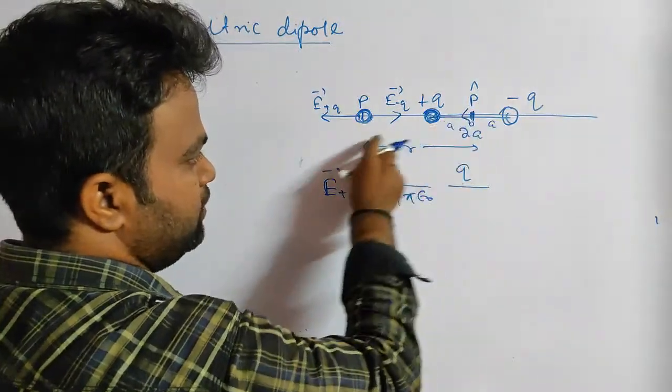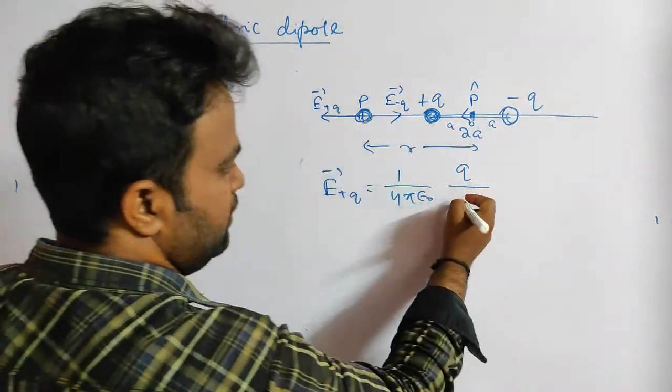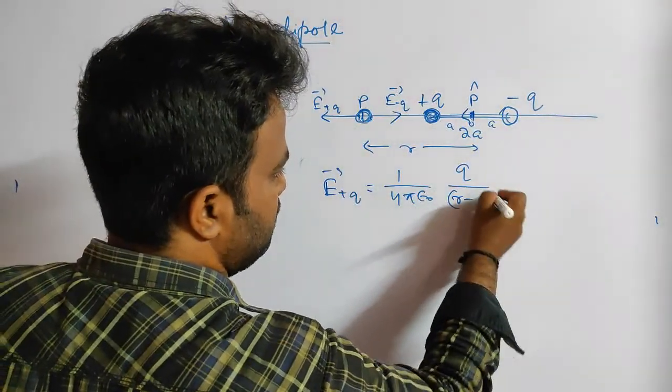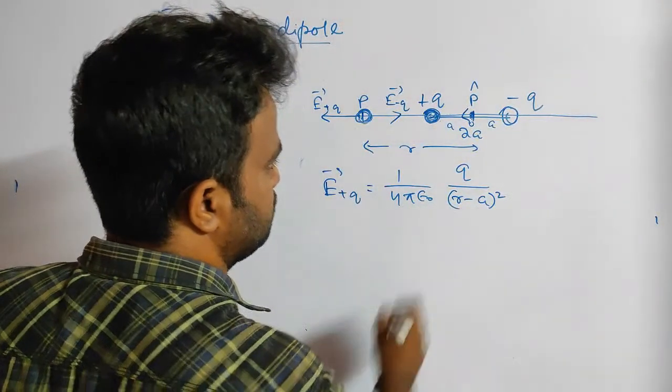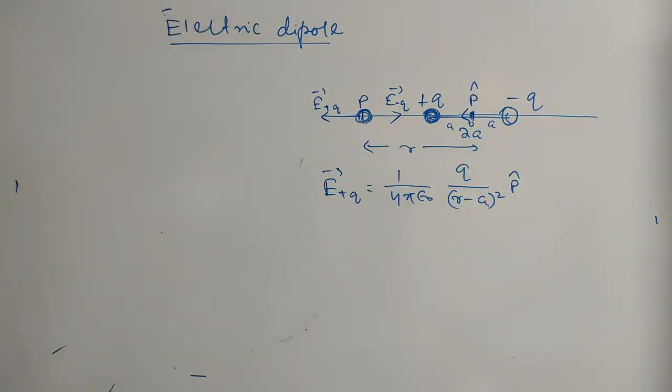The total from here to here is r, this is a, so from here to here it will be r minus a whole square, and of course the direction is in the direction of p cap, the direction of the dipole. Okay, so you can write in that way.